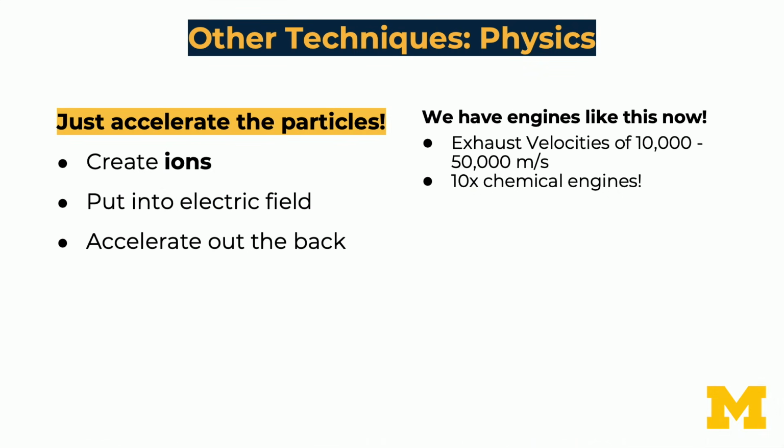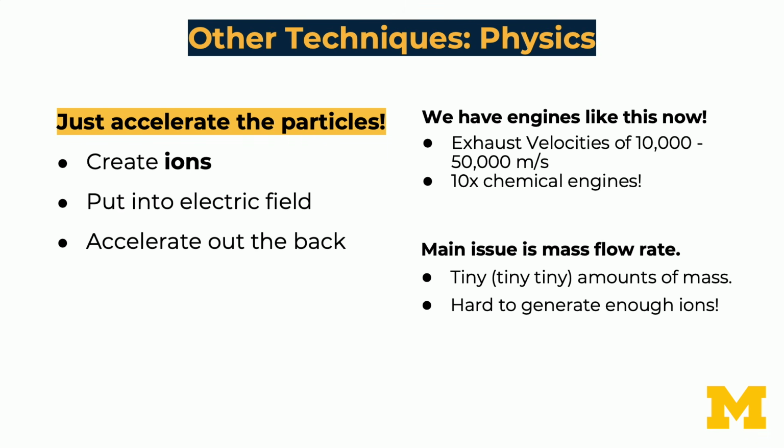And that technique, creating ions and putting them in electric fields, creates really, really large exhaust velocities, like 2 to 10 times larger than chemical engines, but it's really mass flow rate limited because it's really hard to create ions on a massive scale. So it has very, very small amounts of mass. It's very hard to generate these ions.